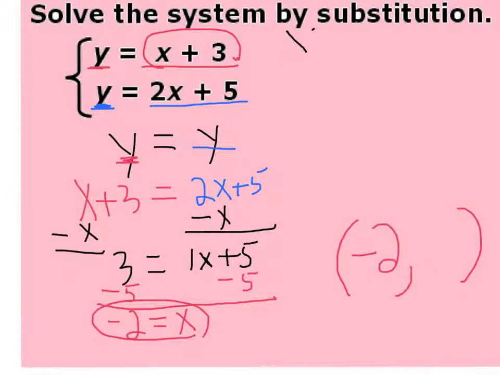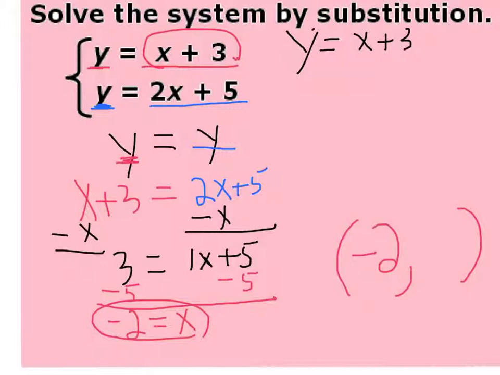Now I'm going to take this -2 and substitute it in for x. Probably right here, but it would work if I do it here also. I did choose the top equation, so I did y equals x plus 3. I wrote it here, and I'm going to take this -2 and place it where x is.